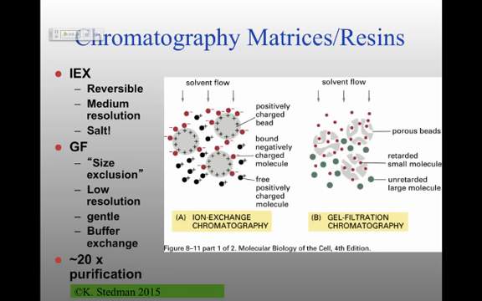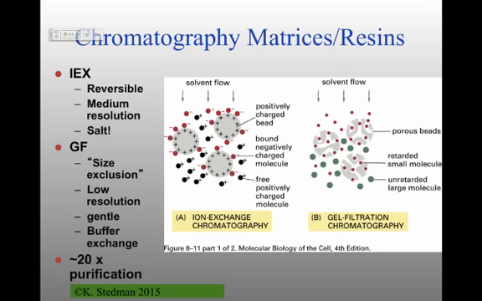Another one of the most commonly used here is called gel filtration or size exclusion. Again, here you have a matrix in gray with small holes in it. And these holes are very tightly defined in such a way that small things get into these holes and are slowed down. Big things have a harder time getting into the holes. They're not slowed down as much.